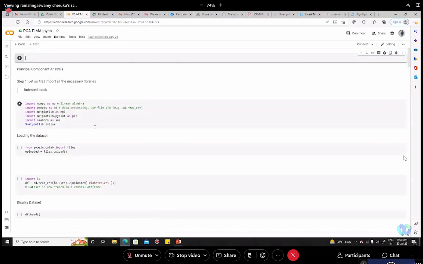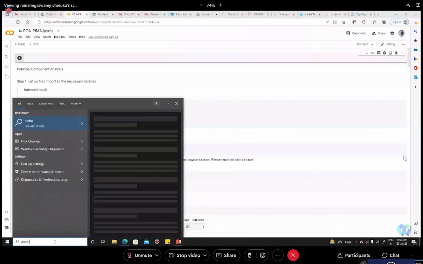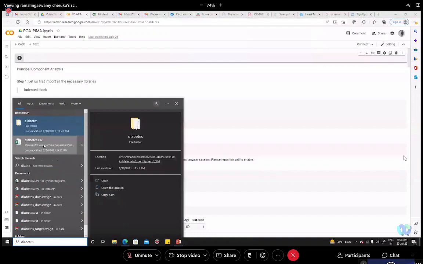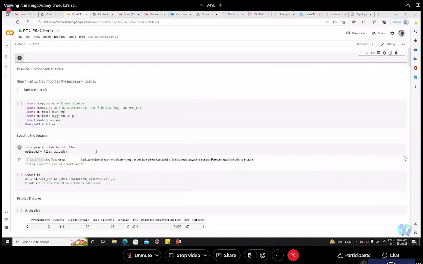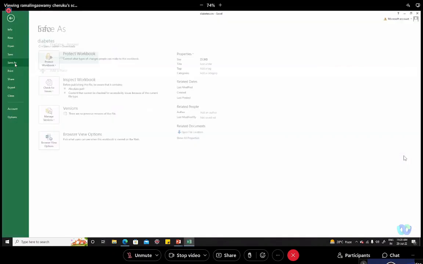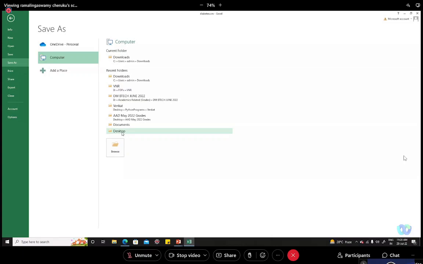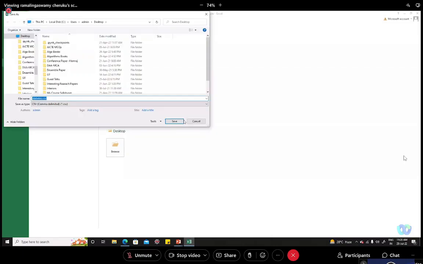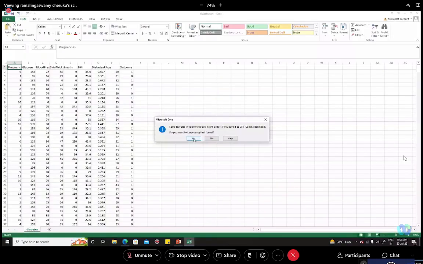For the experimental purpose, there are two kinds of cells. One is the code cell, another is the text cell. The code cell is executable, meaning if you want to execute any commands, you have to create a code cell.